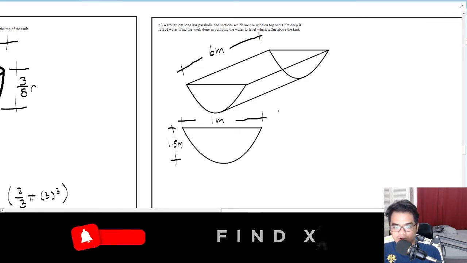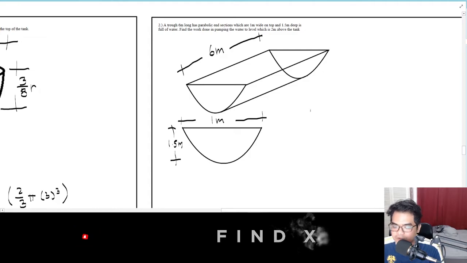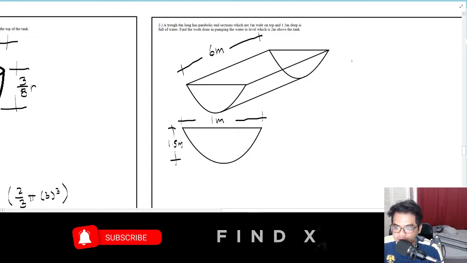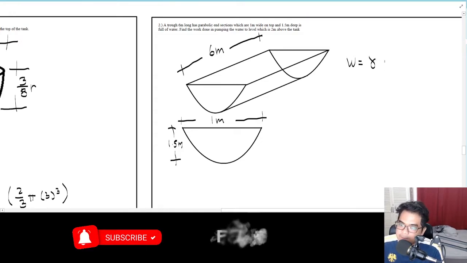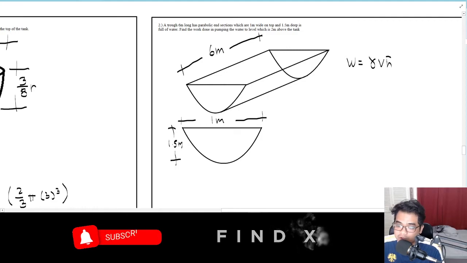The trough is full of water. Find the work done in pumping the water to a level which is 2 meters above the tank. Again, the formula is work done equals gamma V h bar. We already have the value for gamma.